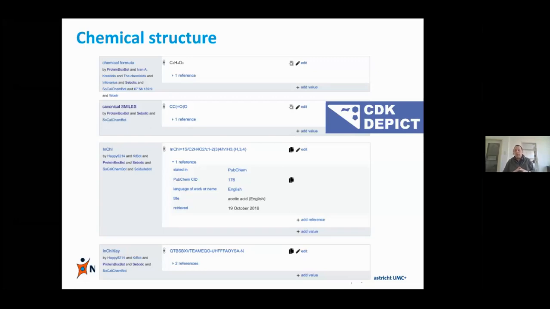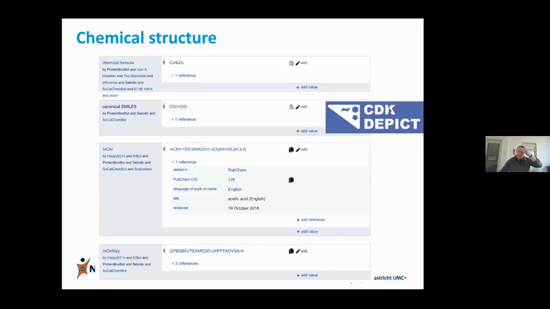We have the link out to PubChem. We even have some information about the page it was retrieved from, that it was English, and that the title of that page was acetic acid, and the date when that reference was added, so when this statement was confirmed to be accurate.